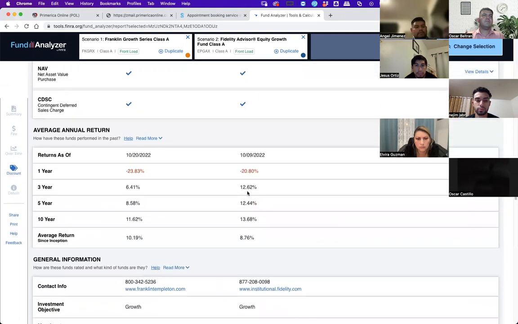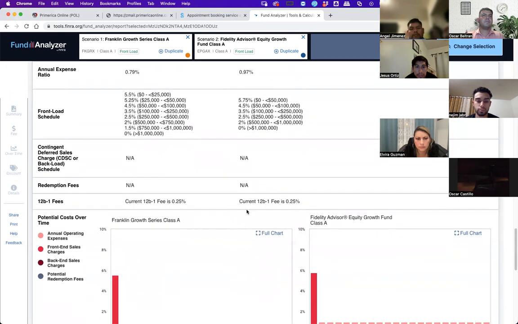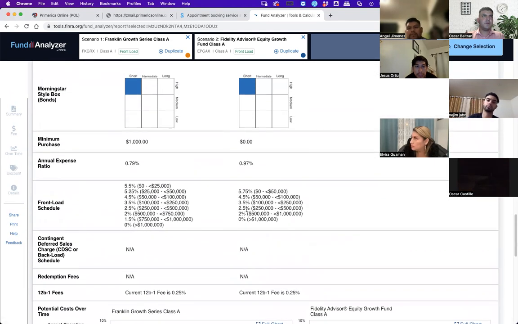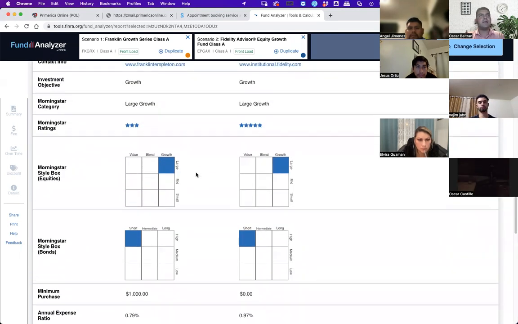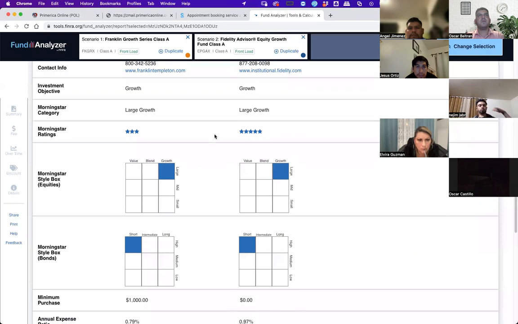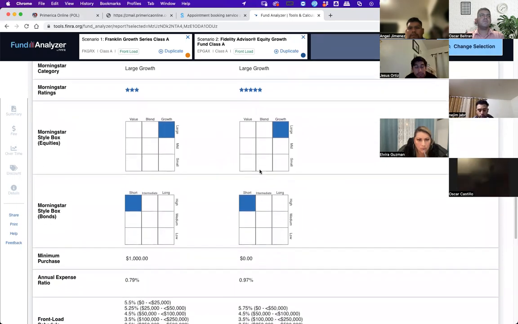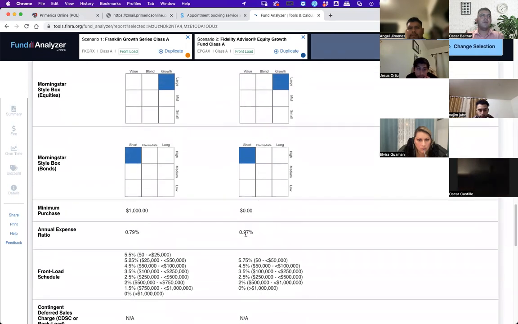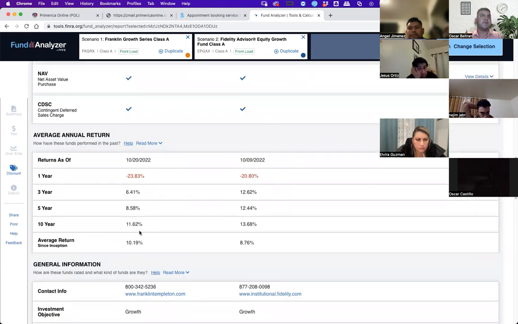Let's skip down. Right here, these two funds do exactly the same thing. They both do large growth. For the annual expense ratio, it's 0.97% for one, and for Franklin it's 0.79%, and they both do the same stuff. Our returns are about the same.